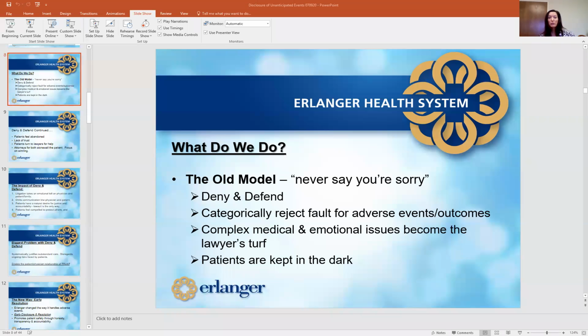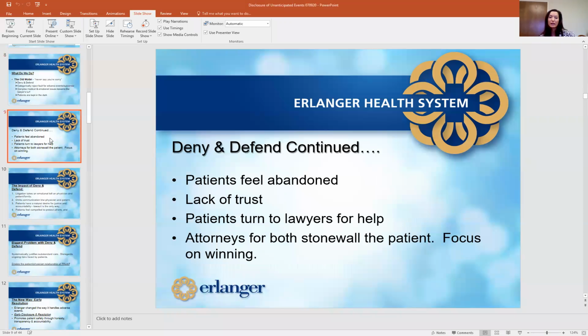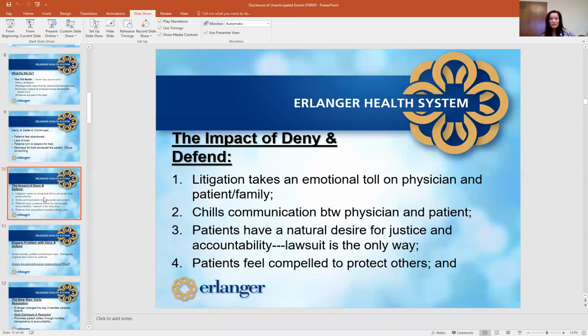The patient felt abandoned. They were kept in the dark. No one was talking to them because, my goodness, we don't want to disclose something that could hurt us in that lawsuit that might come down the pike. And it was eating up doctors and providers as well. Both sides of that equation were suffering with the deny and defend approach to handling medical errors.